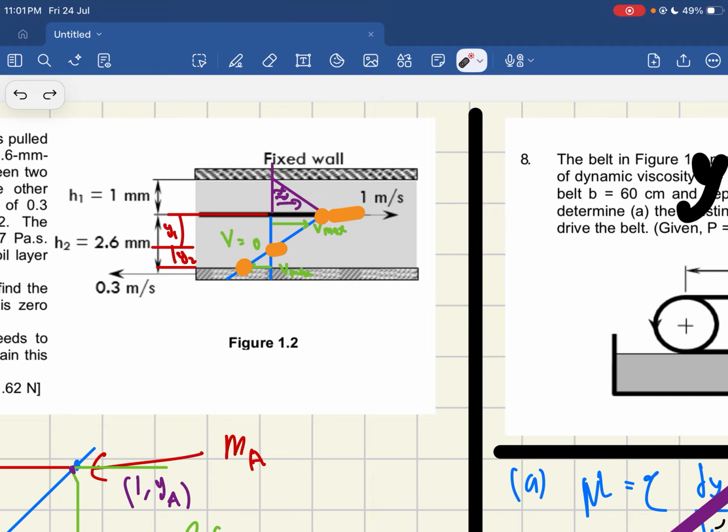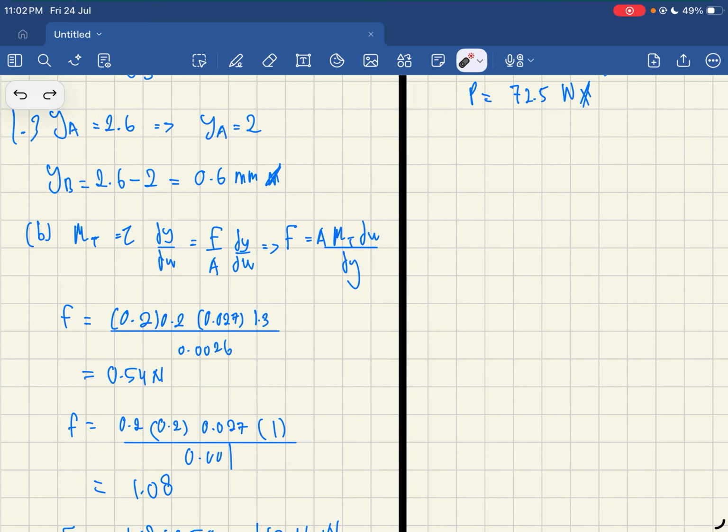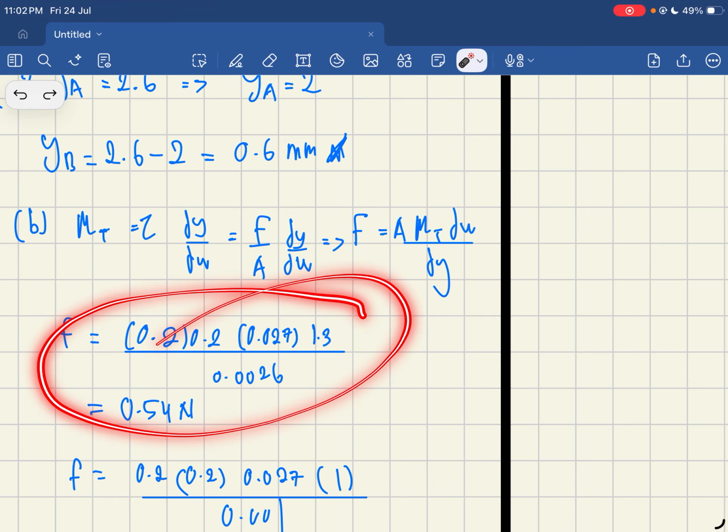So the force from both sides needs to be summed up. For example, if you want to do the upper side, this is the calculation for the upper side.